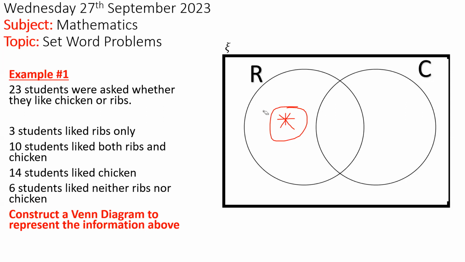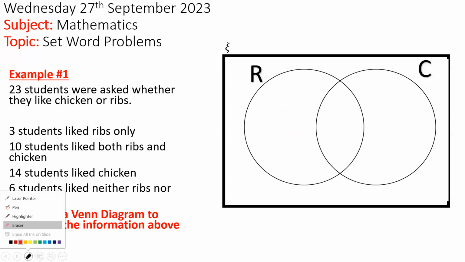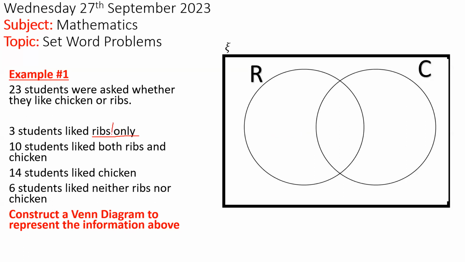So what y'all have? What number you think we should put for this one? Most persons are saying 3. All right, and that's correct. Why you say 3? Because it says 3 students like ribs only.